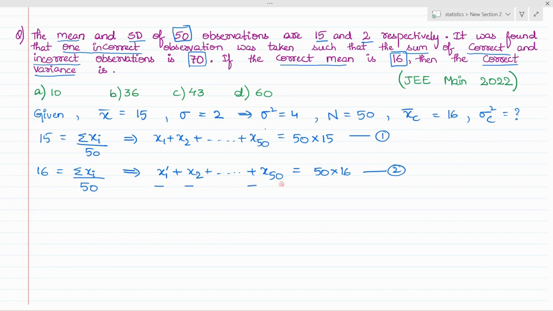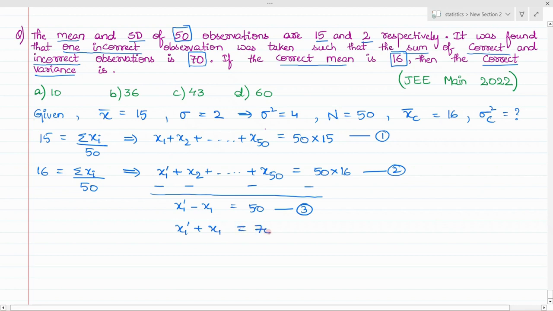Now subtract equations 1 and 2, and you will get x1 dash minus x1 is equal to 50. Assume this is equation number 3. And in the question, it is also told that the sum of correct and incorrect observation, so here correct is x1 dash, incorrect is x1, their sum is given to you, that is 70.